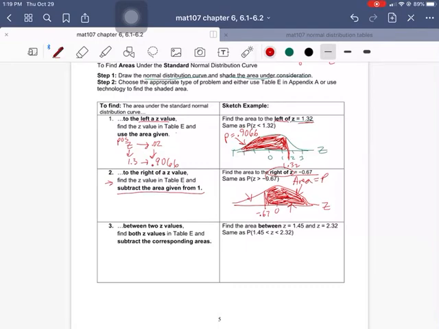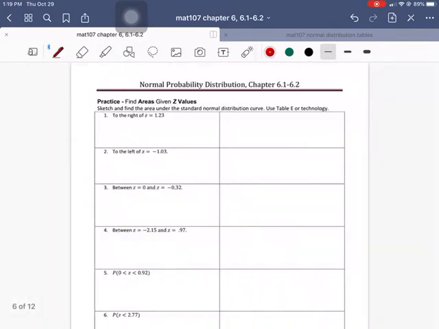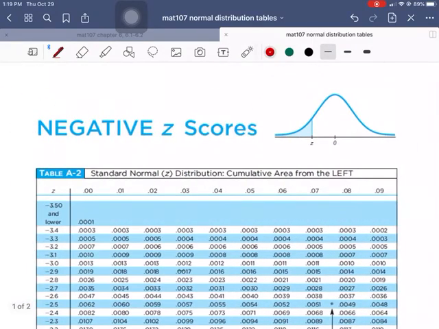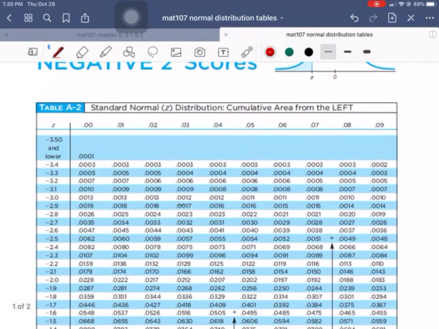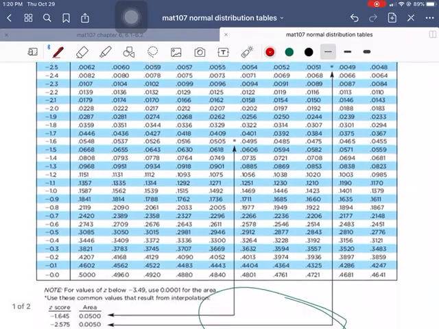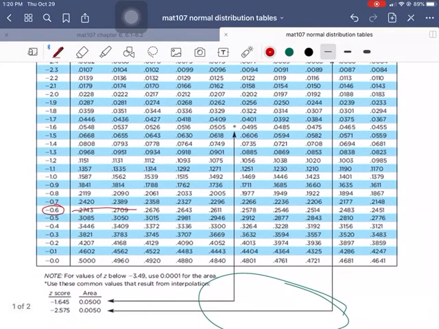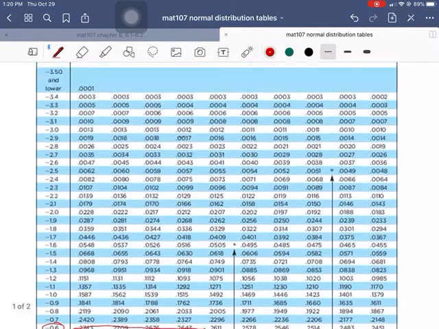So let's go to the negative table, because this is a negative 0.67. We go this way and then this way, and we look in the negatives all the way down to 0.6 right here. And we're going across to a 7.